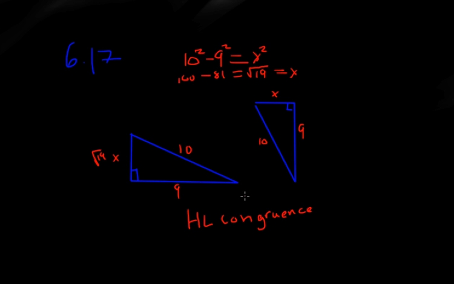The next thing I'm going to talk about is hypotenuse leg similarity, and that's explained in problem 6.20. In this problem, you're given two more triangles like the previous problem, and they're both right again.